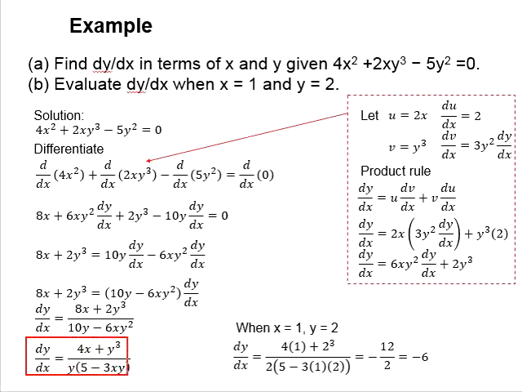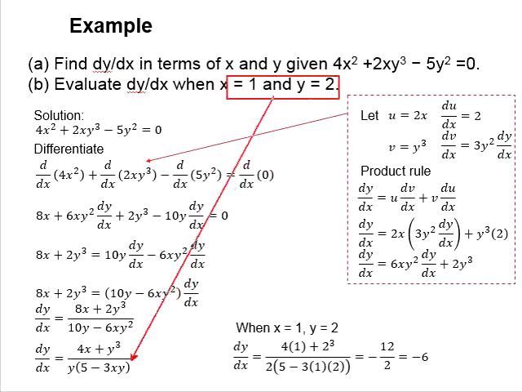Now you have obtained dy/dx here. You are asked to determine dy/dx when x is equal to 1 and y equals 2. Substitute the relevant values into the equation here. You will get dy/dx equals -6.